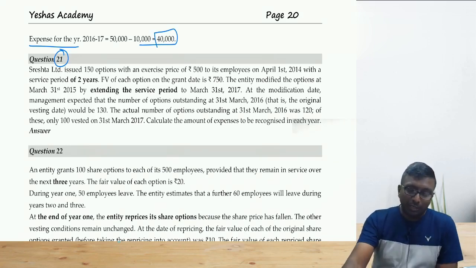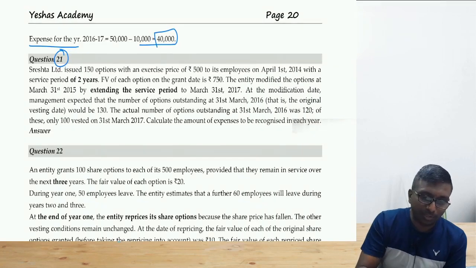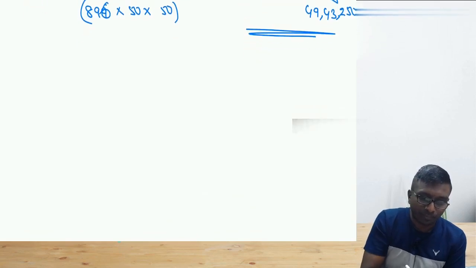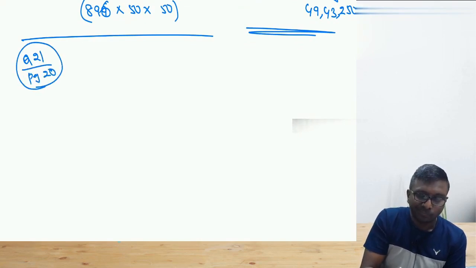Chalo. Here, increase in the vesting period. What is the question number 21, page number 20? Question number 21, page number 20. Yeah, increase in vesting period.